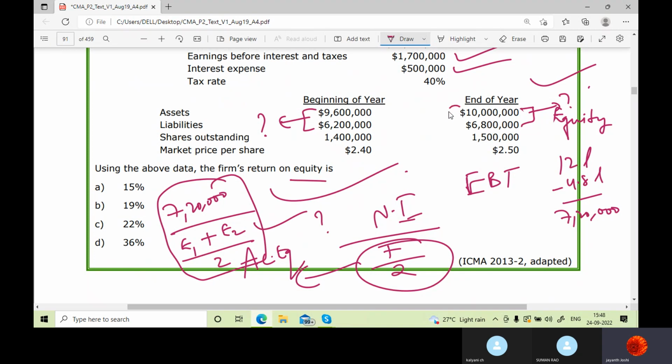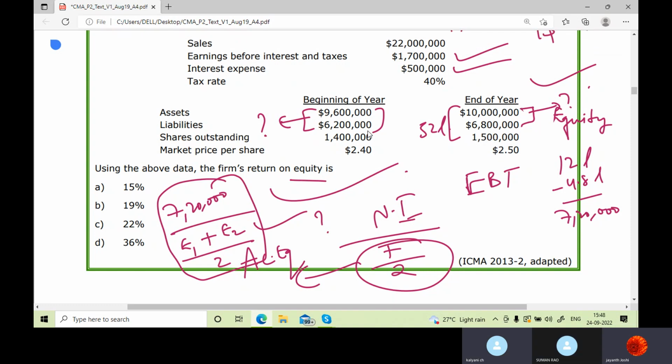So you get 32 lakhs here. Yes. Here you get 34 lakhs. 34 plus 32 divided by 2 is 33. 7.2 by 33 is 0.218, into 100, like 21.8%. That's like 22. Yes, 21.82, sir. Yes, done.